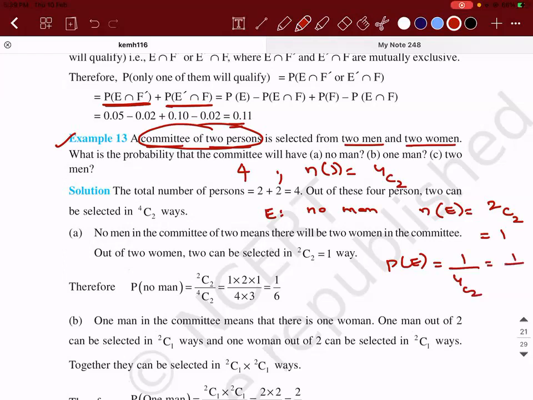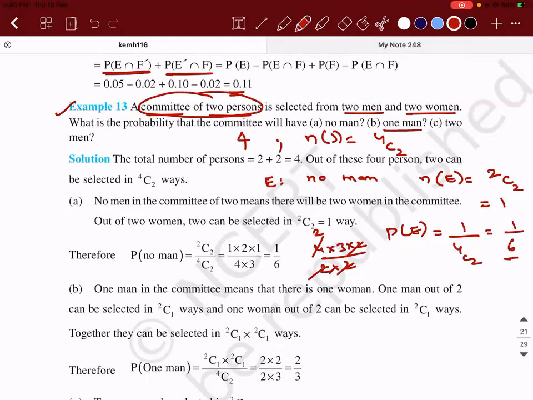What is 4C2, guys? 4 factorial by (n minus r) factorial into r factorial, that is 4 into 3 into 2 by 2 into 2. It will be 6. So 4C2 is 6, and the probability will be 1 by 6. Correct?